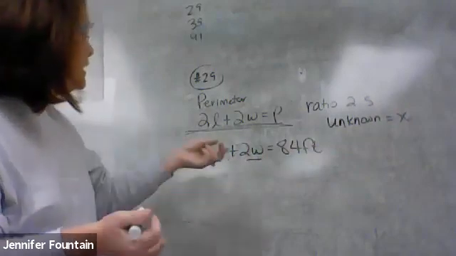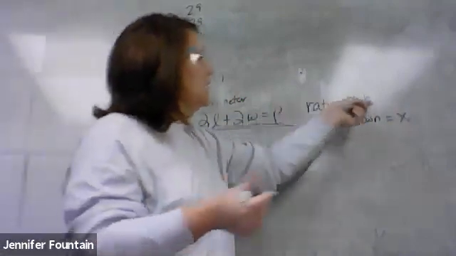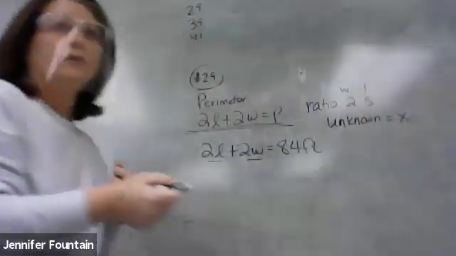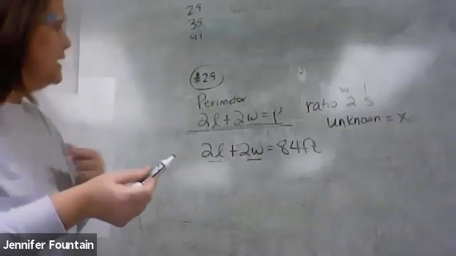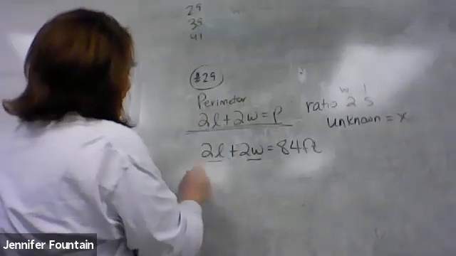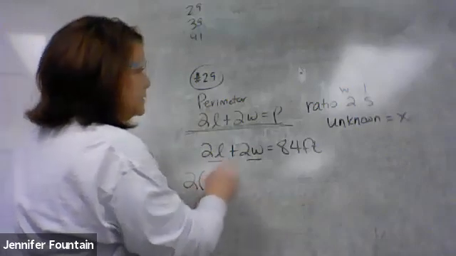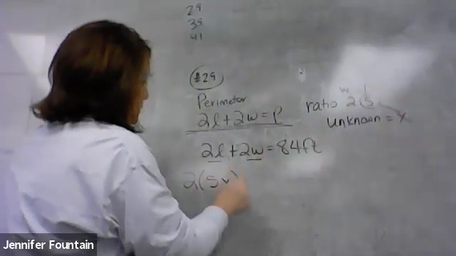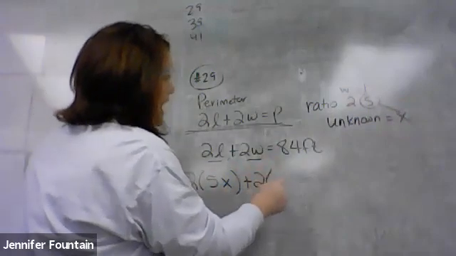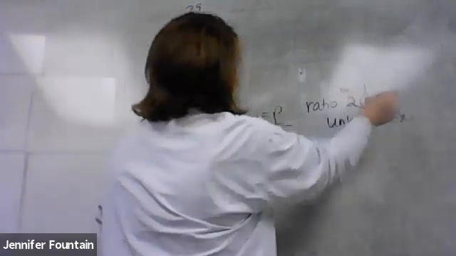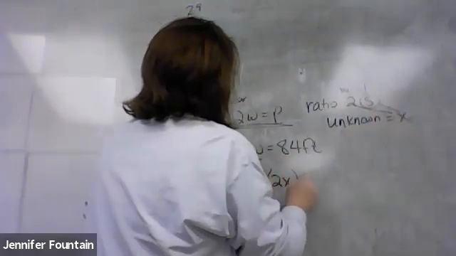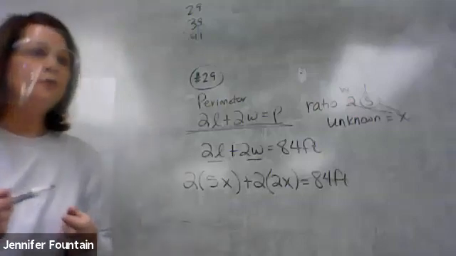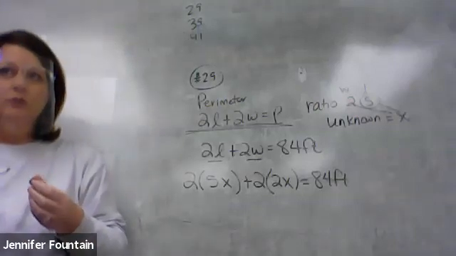But if I say this is width to length, and my unknown is x, then with my length I'm going to have 2 times 5x plus 2 times 2x equals 84 feet. Is everybody comfortable with how I figured that out?